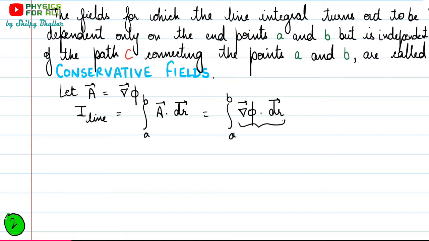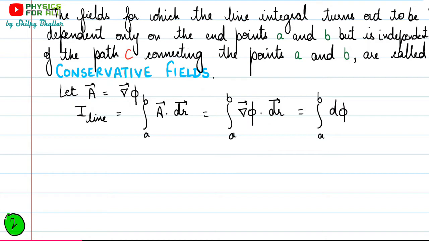When we were discussing the gradient of a scalar function mathematically, in that topic we actually solved the value, and this value is equal to d phi. You can check that video of mine, the topic is gradient of a scalar function. There we came to the conclusion that this particular relation is equal to d phi. So now I am going to directly use that rule, that formula.